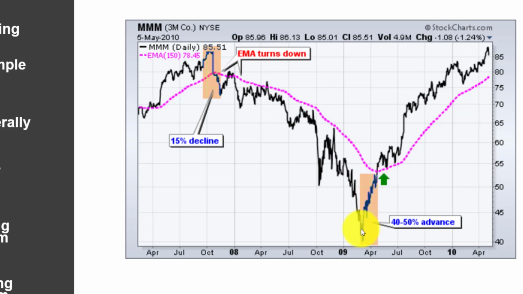So here there's a 40 to 50% price gain, so an increase. It shot up again past the moving average and over the moving average, and that would indicate a reversal in the price and a bullish price, so therefore an increase in the price.